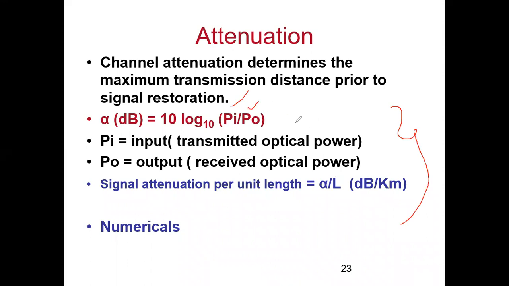So you have to calculate all these things to arrive at your Po, and then you can calculate alpha. So we will be using this formula throughout. In the loss topic, this is the first formula, and alpha by L is the second formula. So with this, I stop my lecture today.